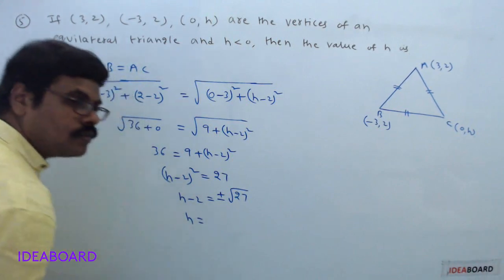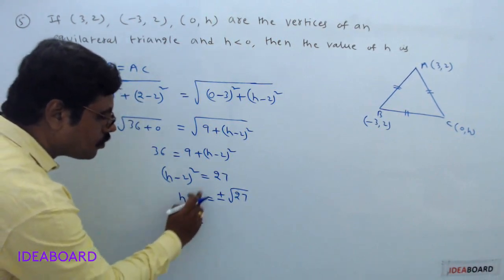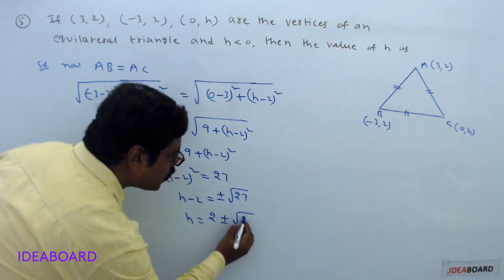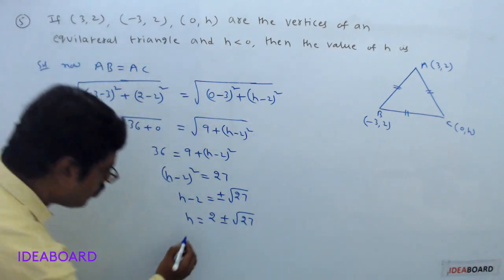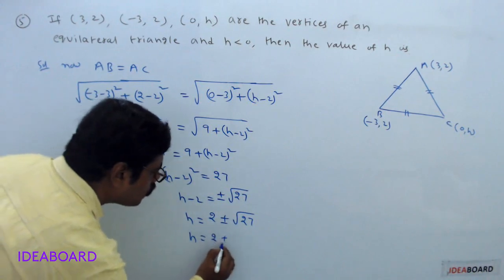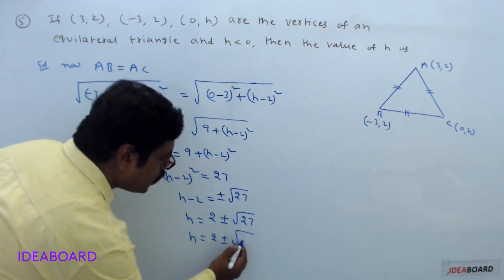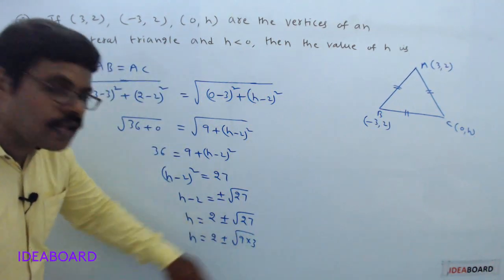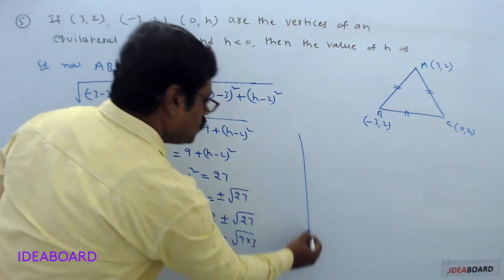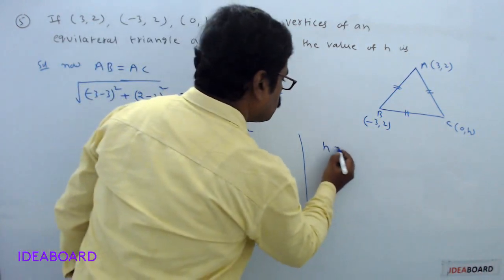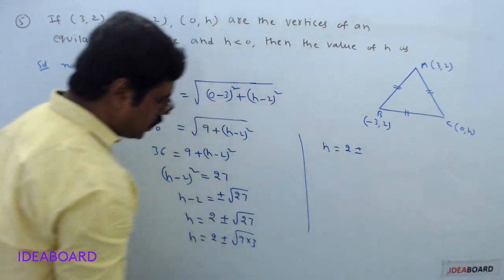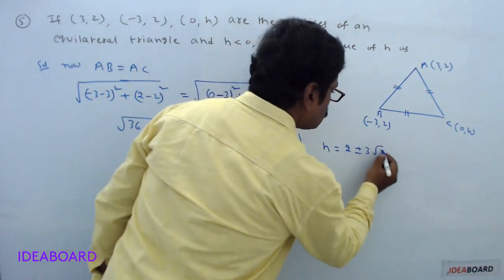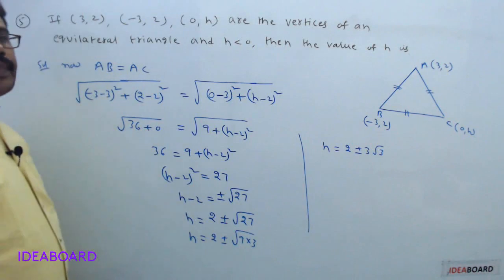Now bring this minus 2 from LHS to RHS: h equals 2 plus or minus root 27. 27 can be taken as 9 into 3, so h equals 2 plus or minus root 9 which is 3, so 2 plus or minus 3 root 3.